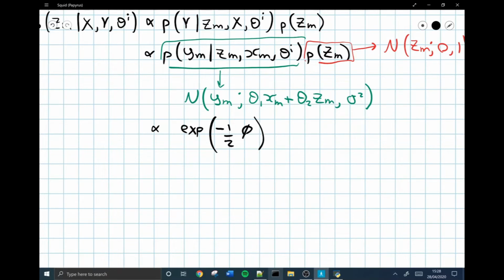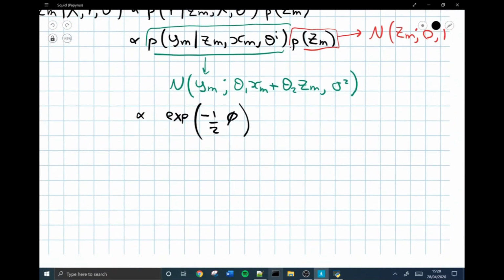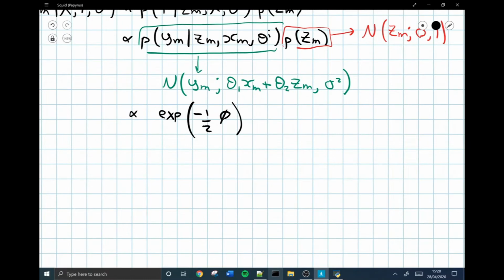So if you work through the maths, you can find that, so we'll change colour, go down here. Phi is equal to, okay, so coming from this stuff, we have a sigma to the minus 2.